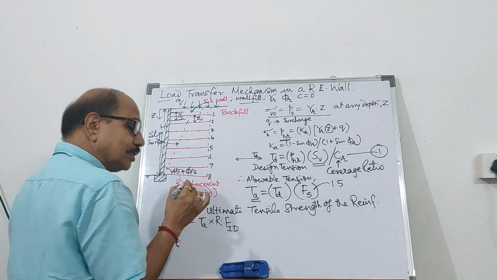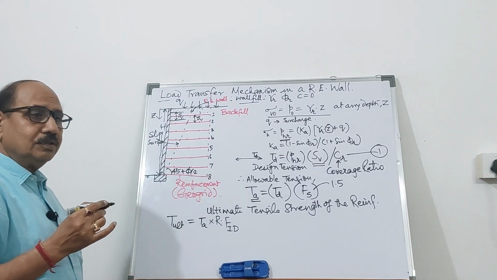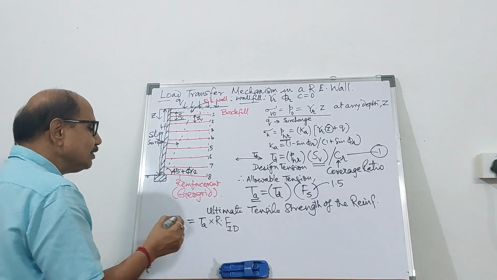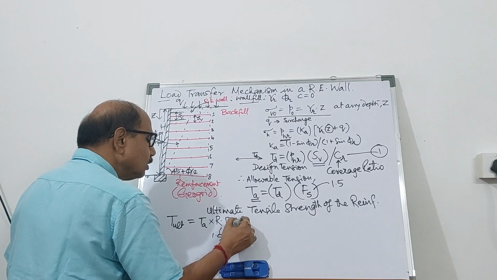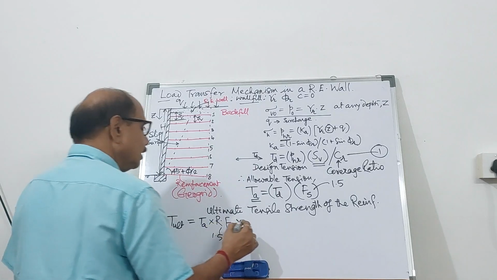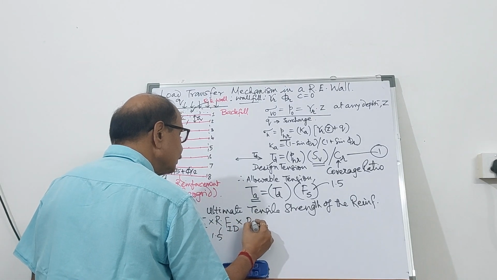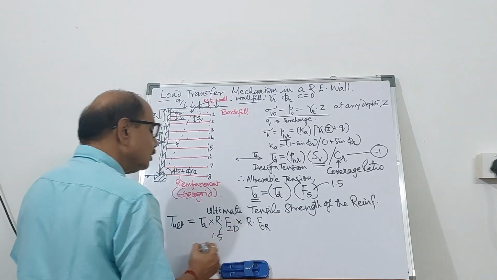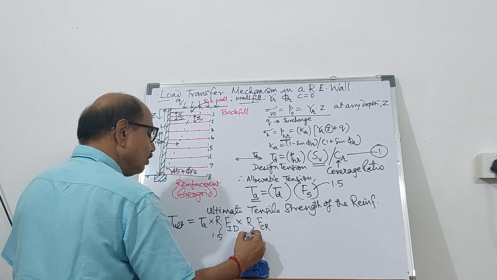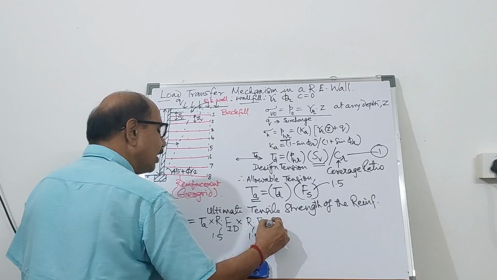For installation damage, normally we keep it 1.5, multiplied by the reduction factor for creep. This also we keep as 1.5.